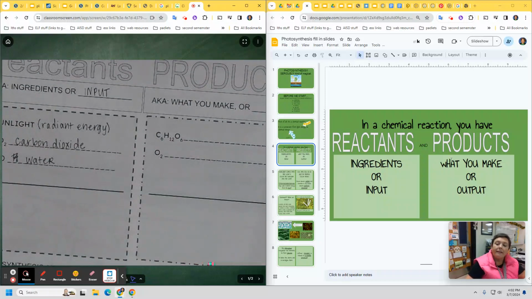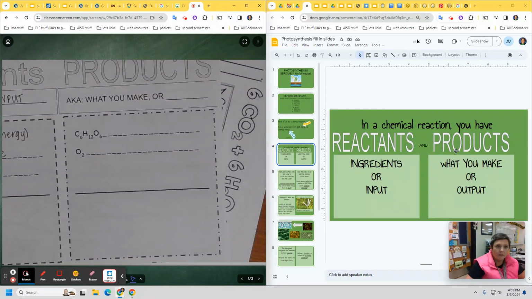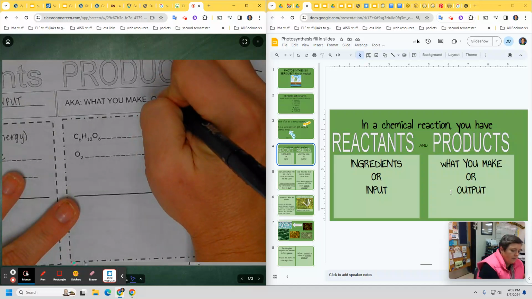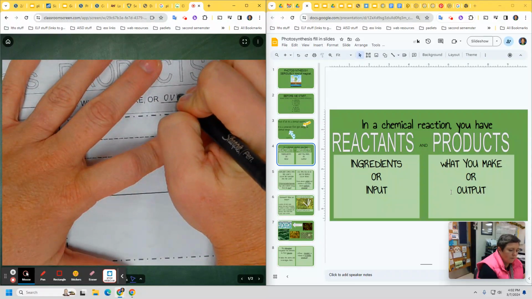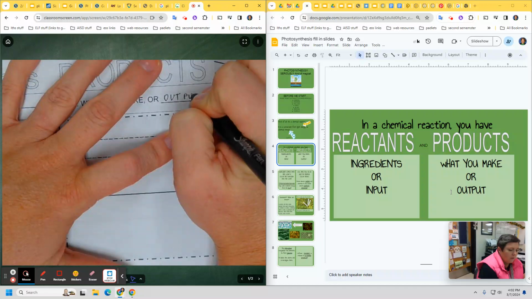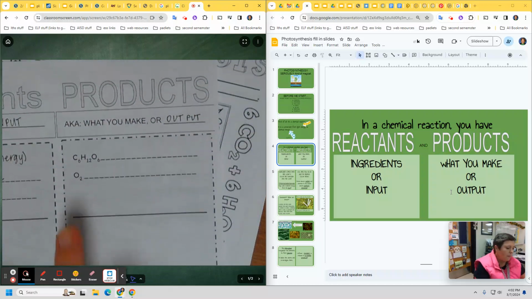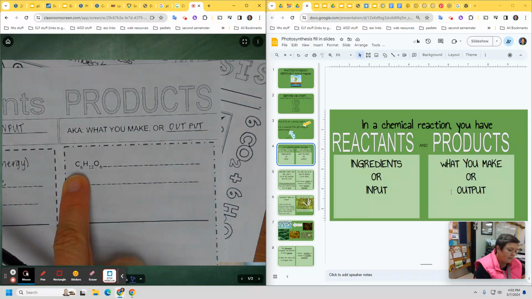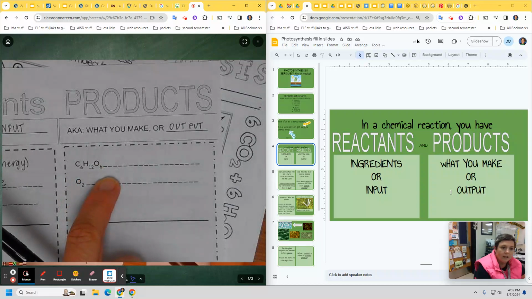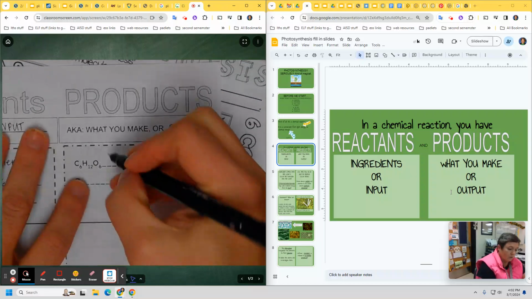All right. And then we have the products, they're what you make or the output. Okay. So the output is C6H12O6, also known as glucose.